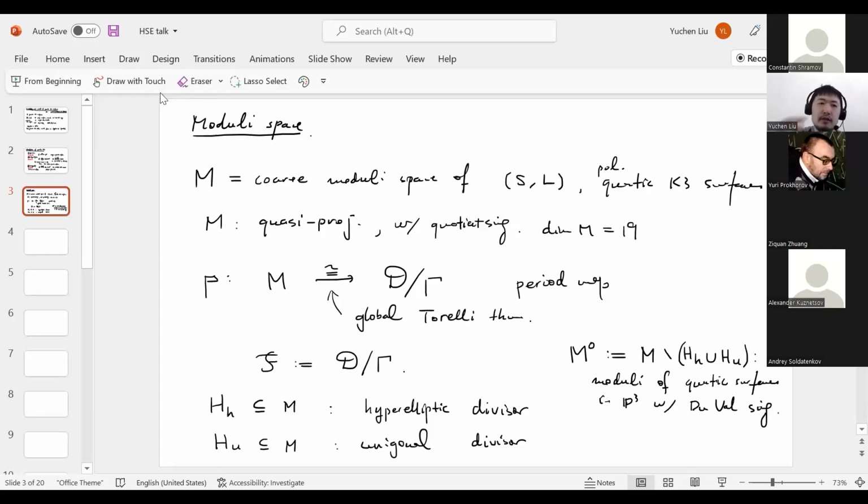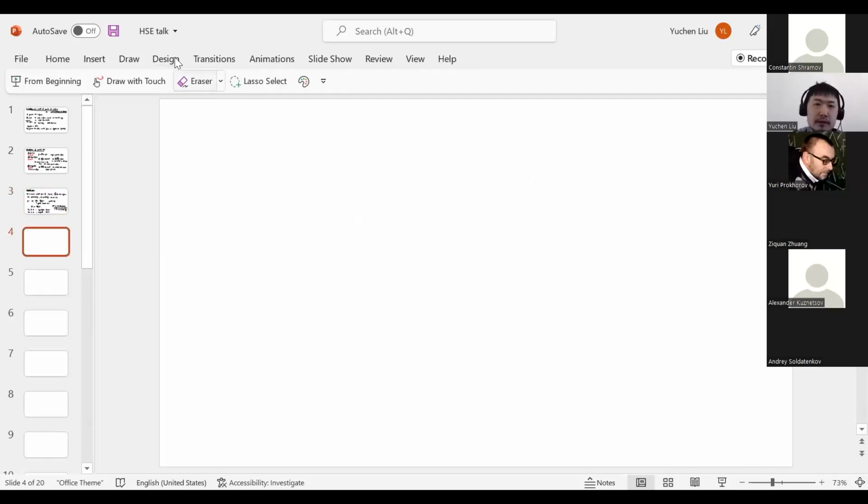So this bigger space M is not compact, but actually you can compactify it using the so-called Hodge line bundle. This compactification is the so-called Baily-Borel compactification, and it has a relatively small boundary. So we can just record the setup here. Baily-Borel compactification.